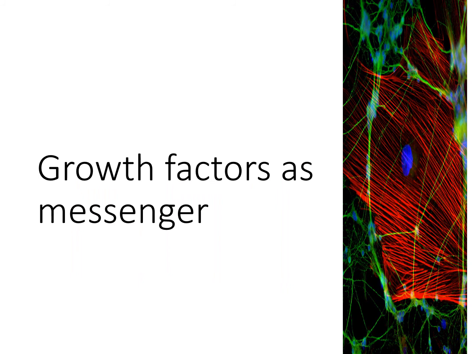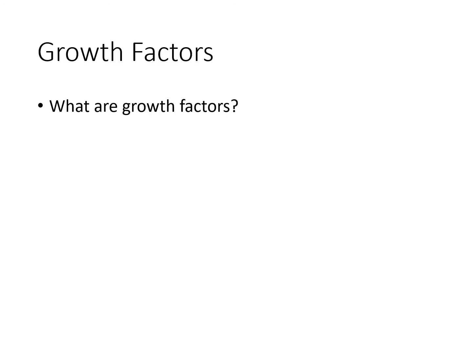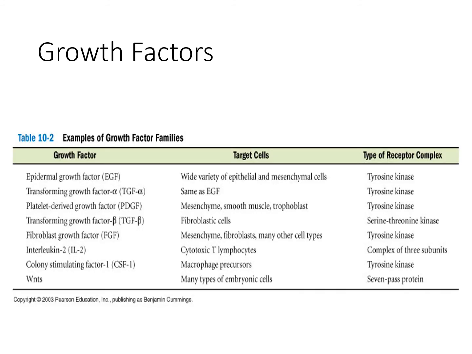Another way of cell signaling is through the growth factor, just like I did mention before, EGF, epidermal growth factor. So the example of growth factor and the target cells, and also the type of receptor complex involved in this signal transduction caused by the growth factor as the ligand.